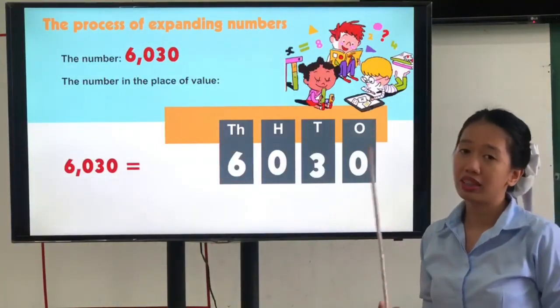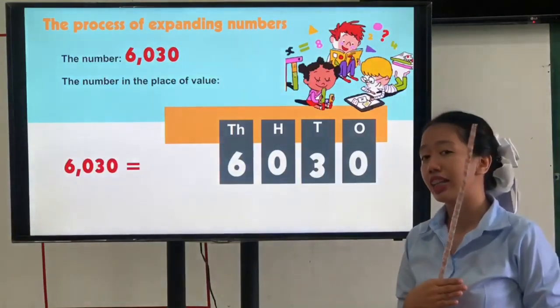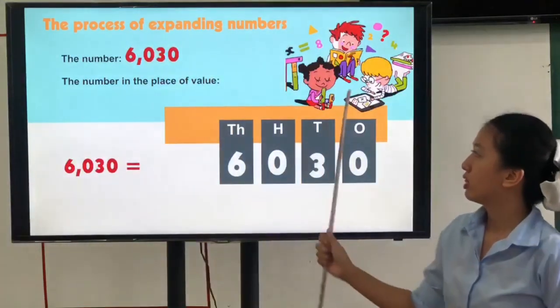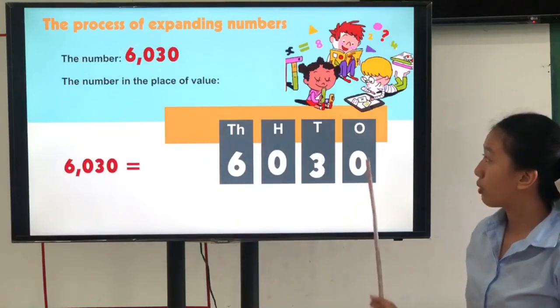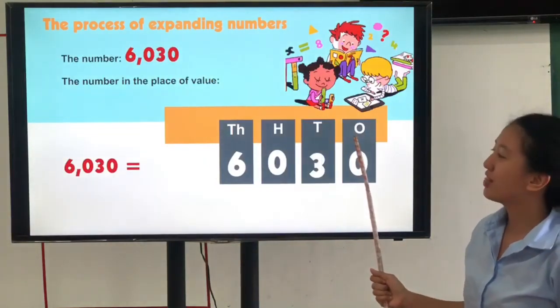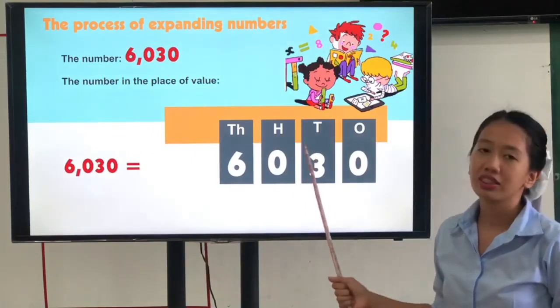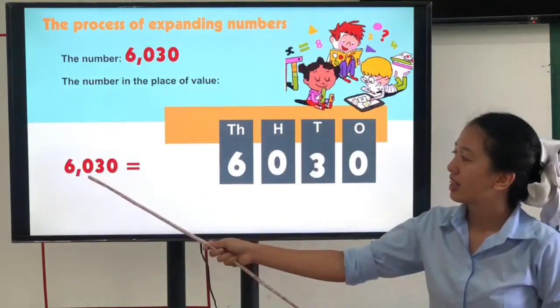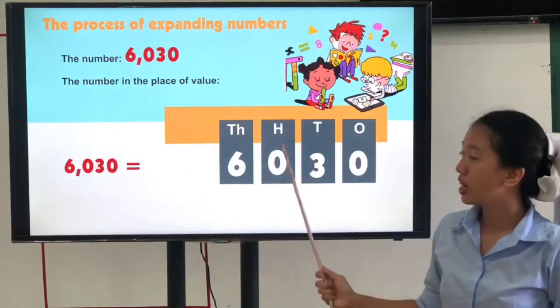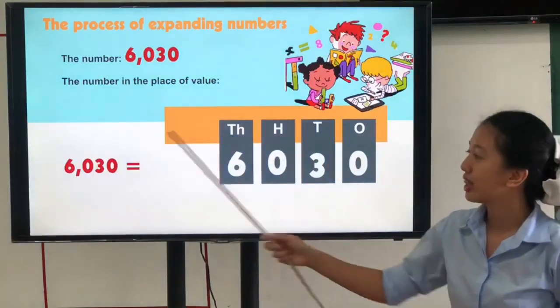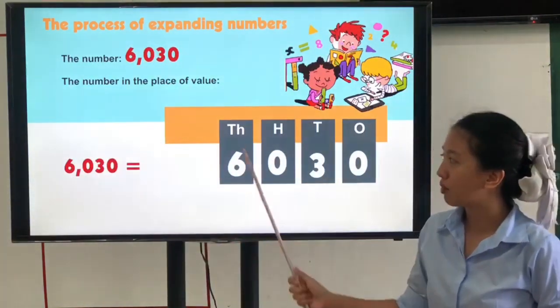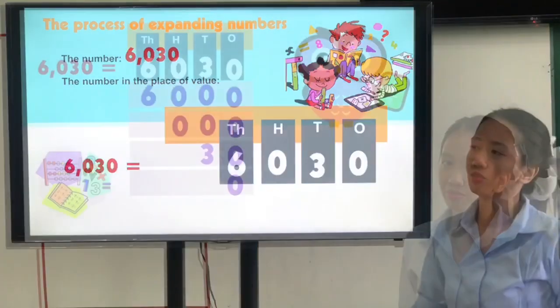Remember, when we identify, let's start from our right to our left. So 0 is our ones, very good. 3 is our tens. 0 is our hundreds. And 6 is our thousands.